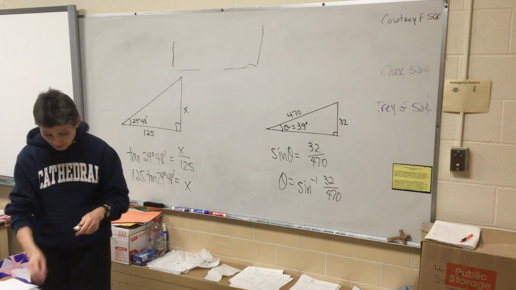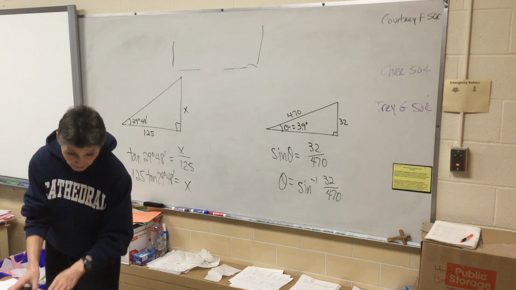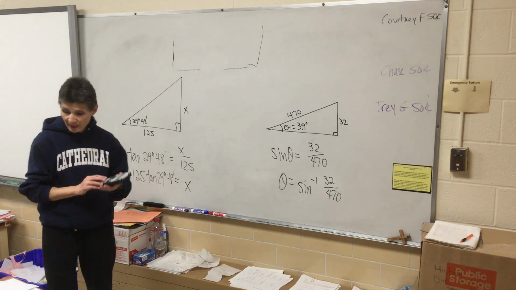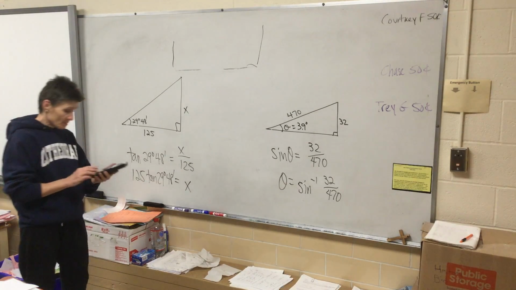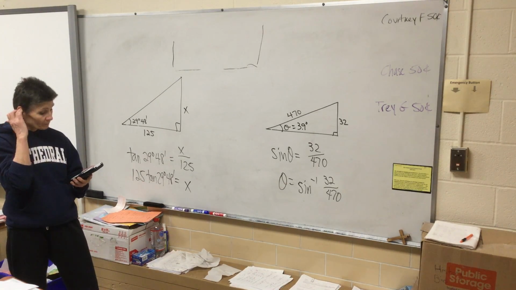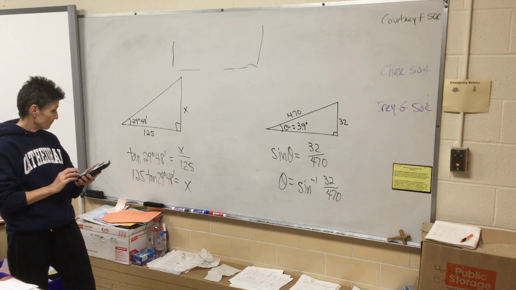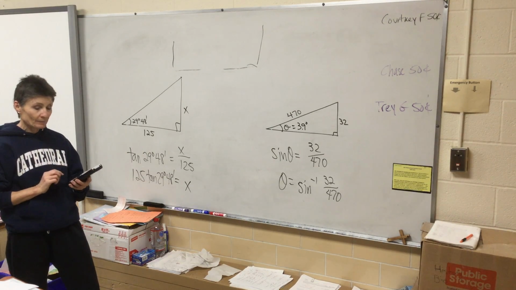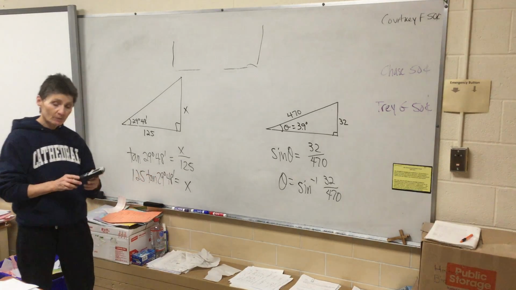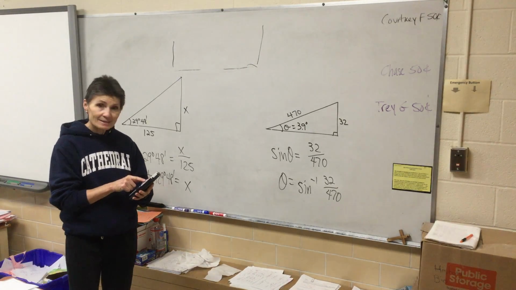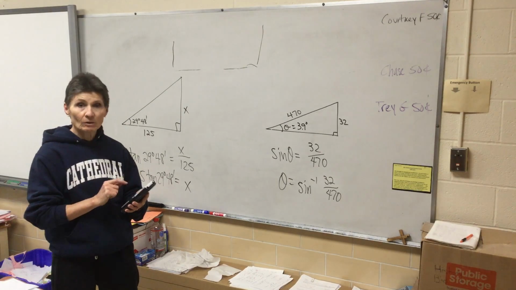All right, so let's get our calculators. I don't know if you've done this before or not. I hope you have, but if you haven't, we'll run through how to type this in. So we type 125 tangent 29. Now, to get the degree mark on your calculator, you press second angle.